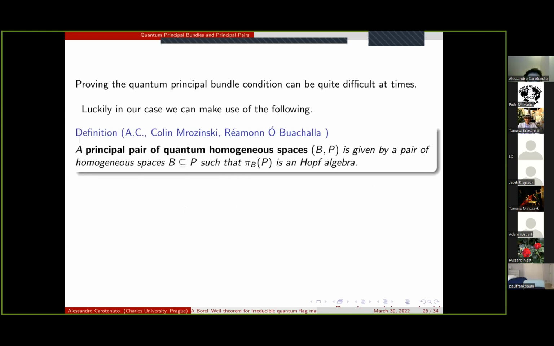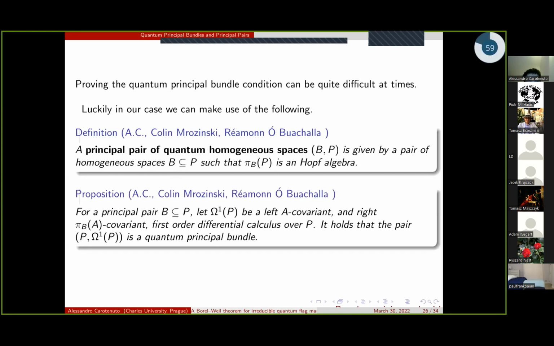We define a principal pair of quantum homogeneous spaces B, P as a pair of quantum homogeneous spaces for a certain Hopf algebra, let's say it's A, such that pi_B of P is a Hopf algebra.